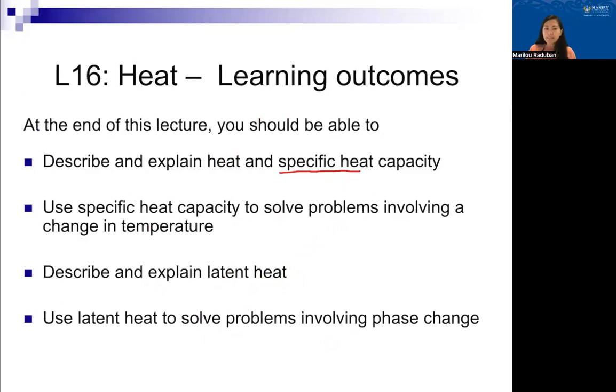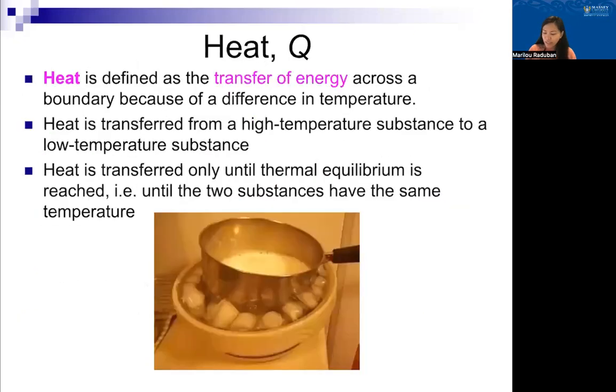Okay, so to begin the definition for heat, we know from experience, or probably from intuition, that if we put a hot pot on an ice cold bath of icy water, the hot liquid inside the hot pot will eventually cool down, right?